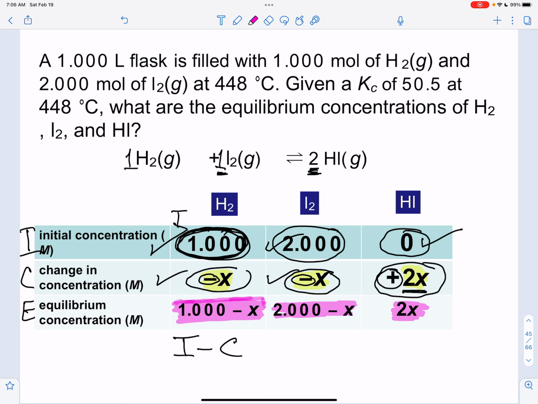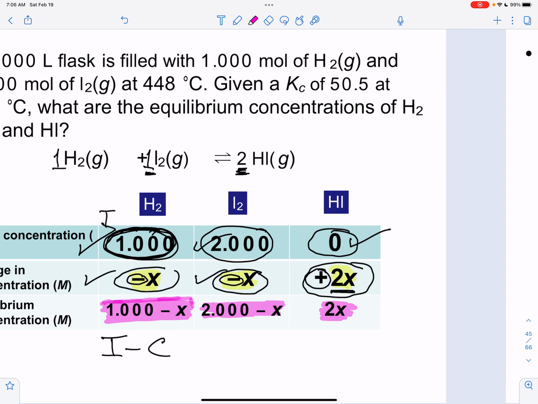So based on X, you know how much hydrogen gas remains at the end in equilibrium. You know how much iodine remains at the end, and you know how much hydrogen iodide you were able to create. So that's the best thing you have in terms of numbers, X's.